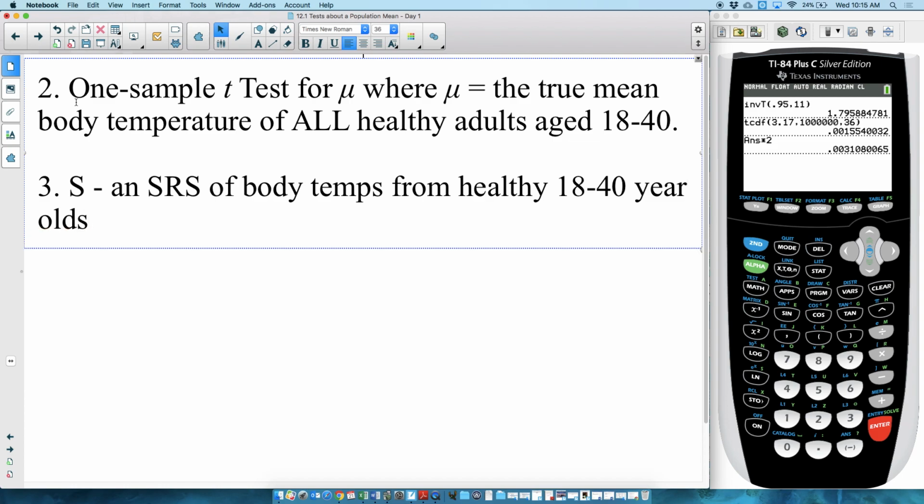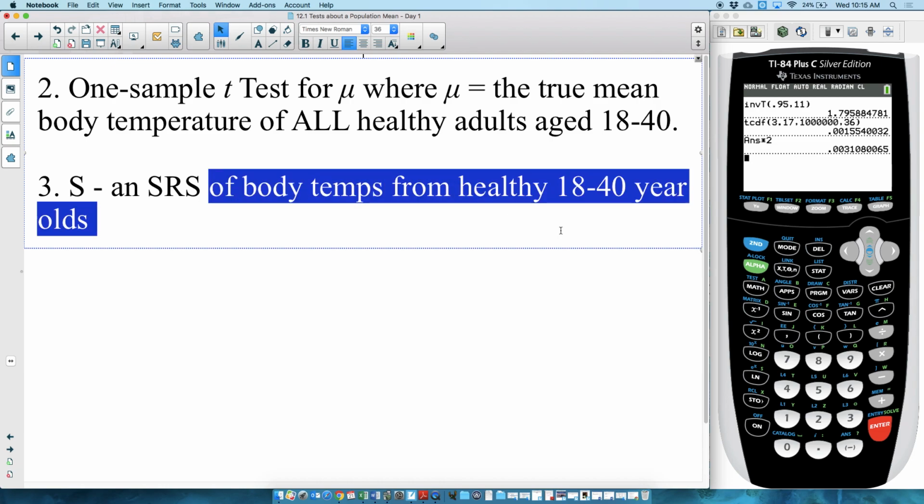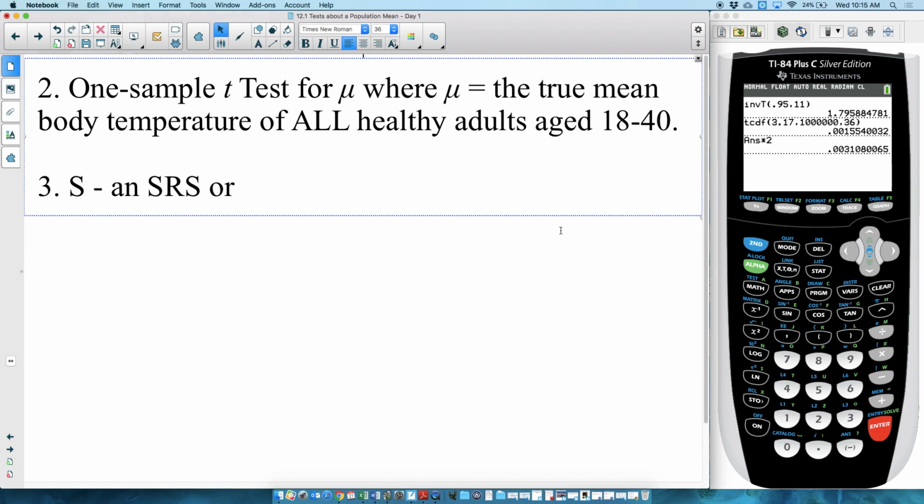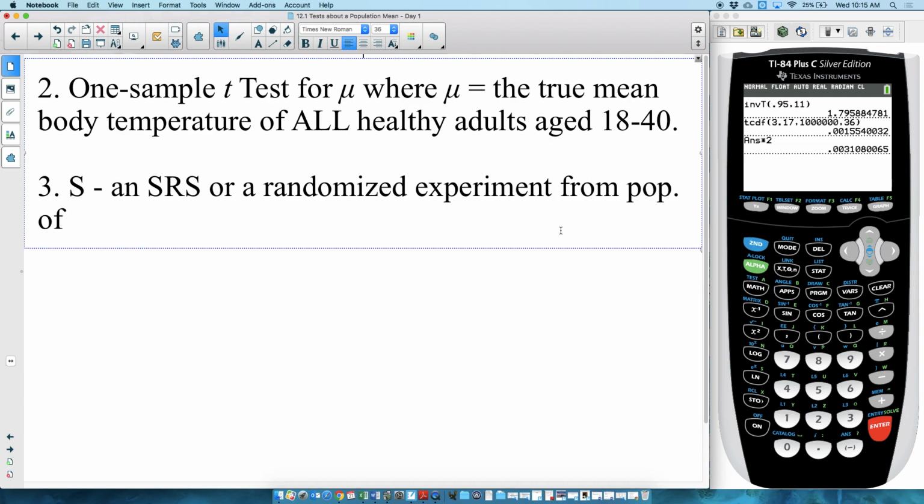You could just say SRS or randomized experiment. Maybe we should do it that way, and then put our context in our check part. Okay, an SRS or a randomized experiment. You have to say it like from the population. If I put it in my context, maybe that's a good thing because then will you remember to write it?